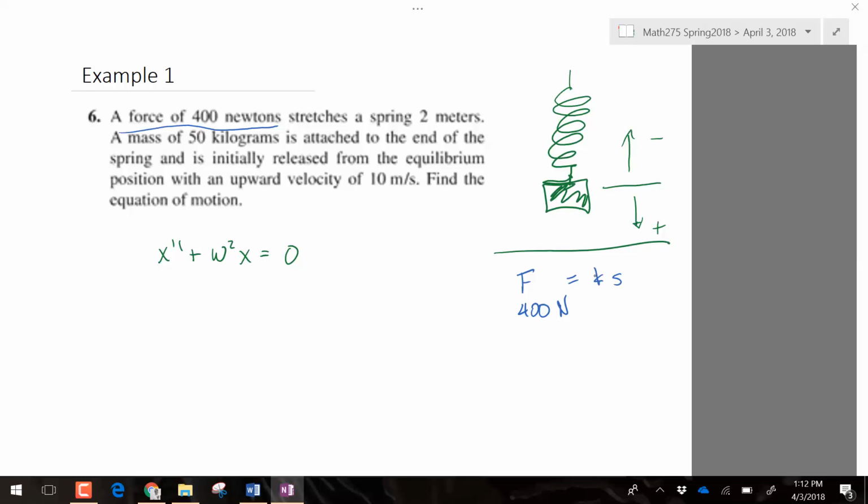And we're dealing with newtons and meters. So this is going to be some constant times 2 meters, and the stretching goes down, positive 2 meters. So let's say K, our spring constant, is equal to 200.